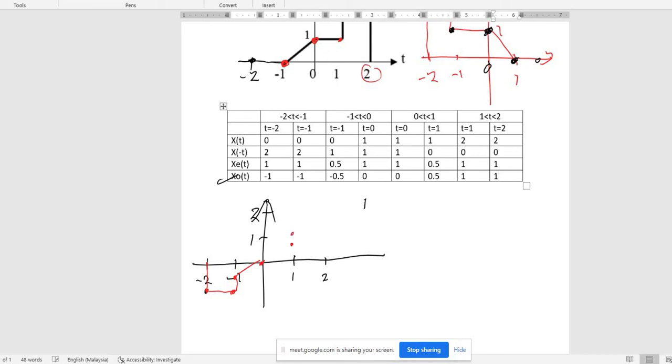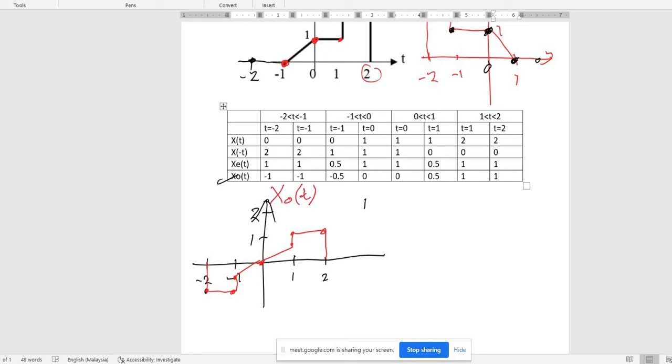You have 1 and 1. So you draw like this. Okay, is it same as the answer in page 35? Same or not? Same. Okay, so this is x odd.